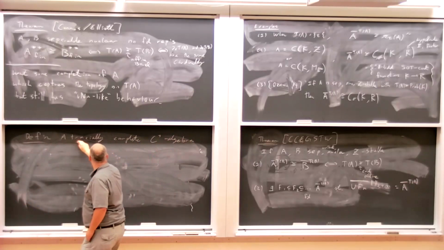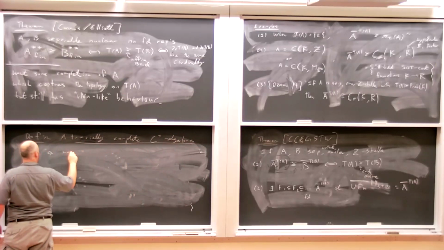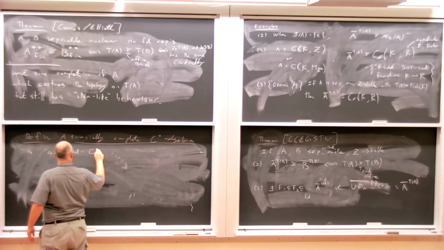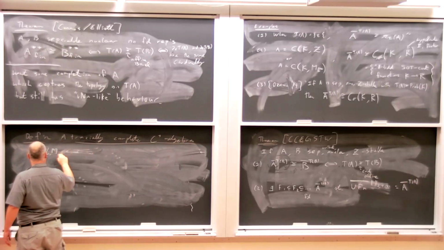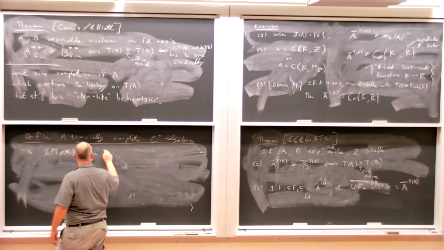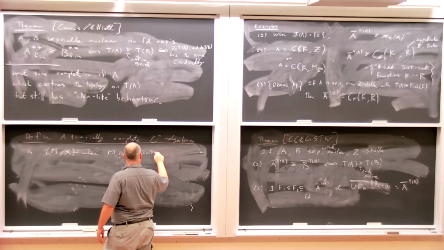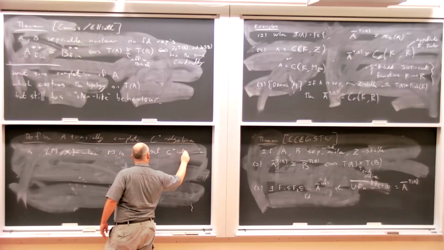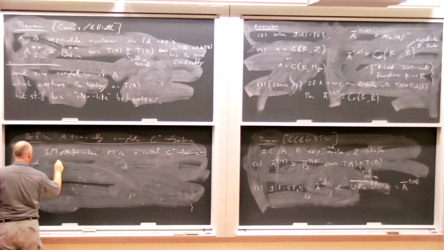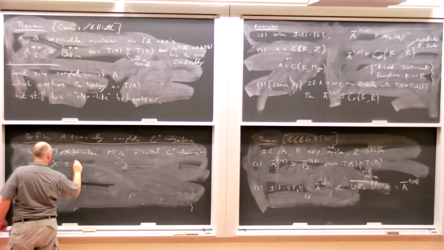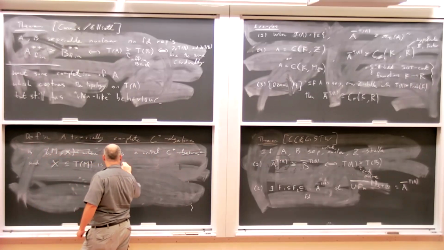So a tracially complete C-star algebra is, say, a pair (M, X) where M is a unital C-star algebra and X is a compact convex set of traces, not necessarily all of them.